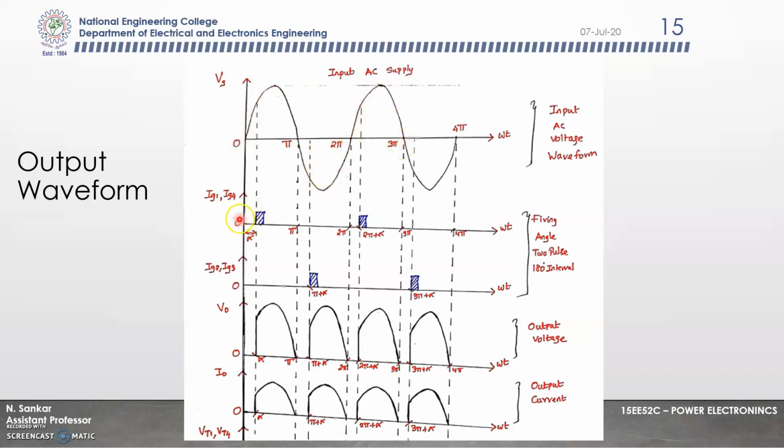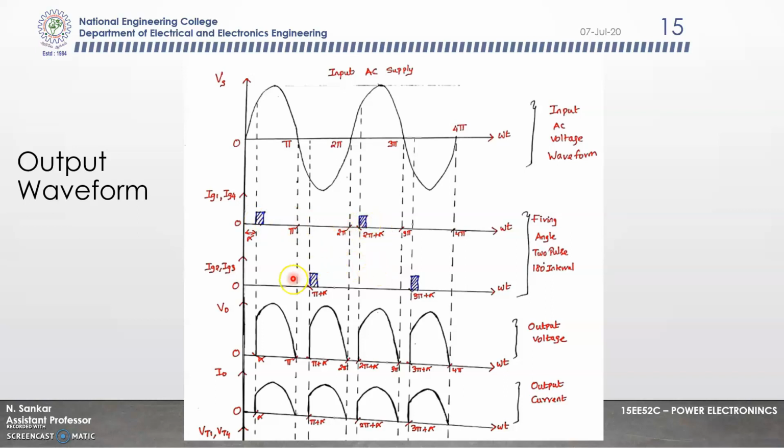Next, this is the point at which the firing angle is triggered. The blue symbol represents the pulse when thyristors 1 and 4 get triggered. For the positive half cycle, we are triggering thyristors 1 and 4, one for the first cycle and one for the second cycle.